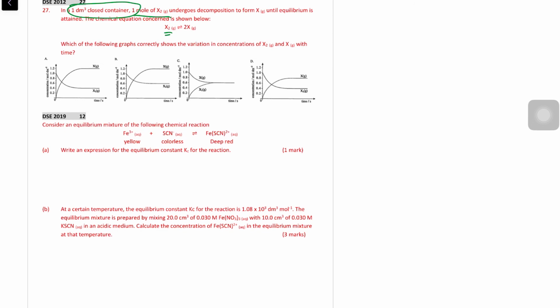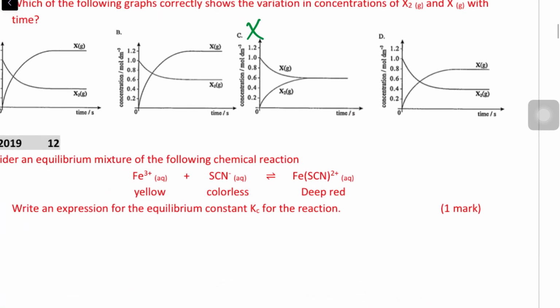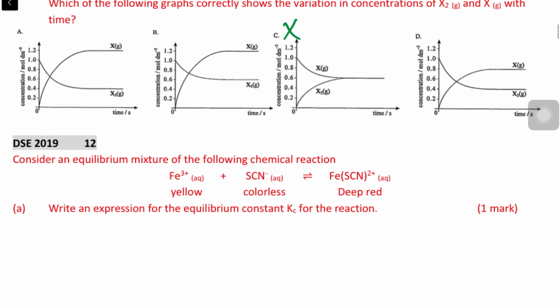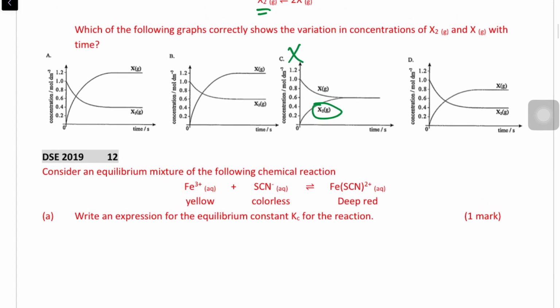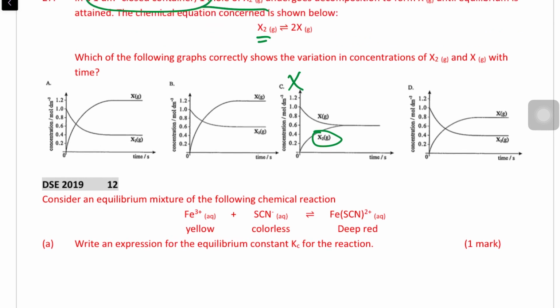That means we won't choose C, because in part C, X2 increased, so it does not fit our idea, right? And on the other hand, what about the X? Because the mole ratio should be 1 to 2.